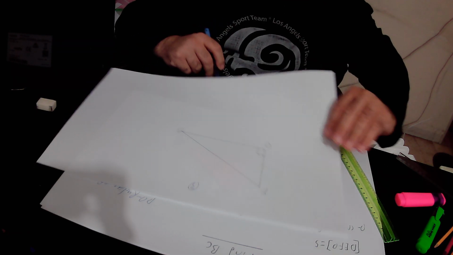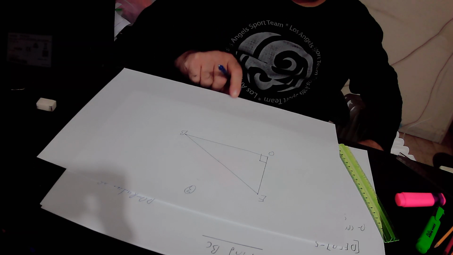So this is the pink right triangle EOB that I copied from the original drawing.